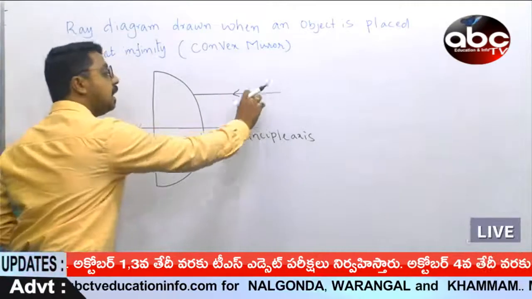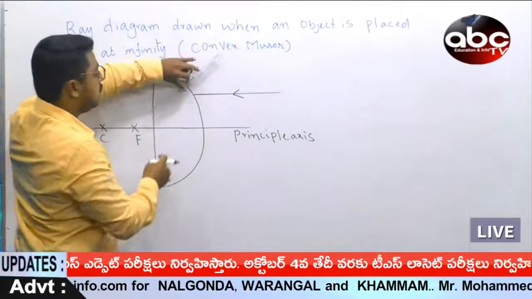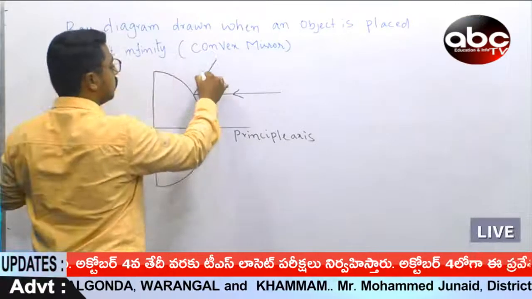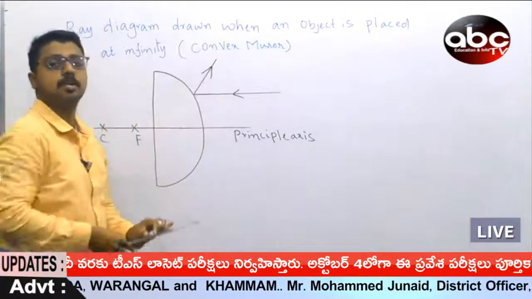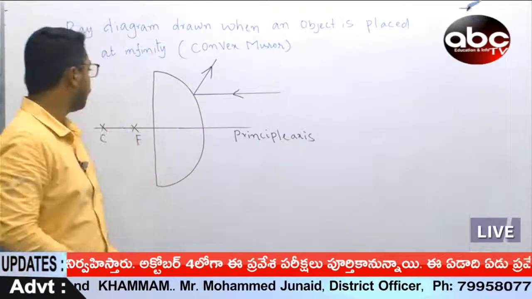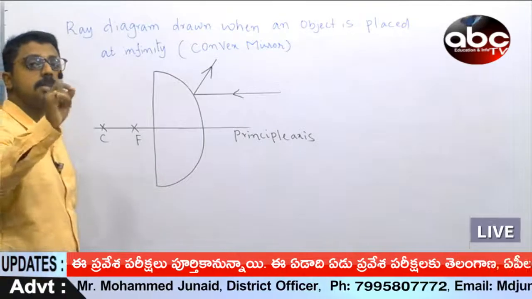A ray which is coming parallel to the principal axis diverges. It is going to diverge away from the mirror. This is a very important statement.